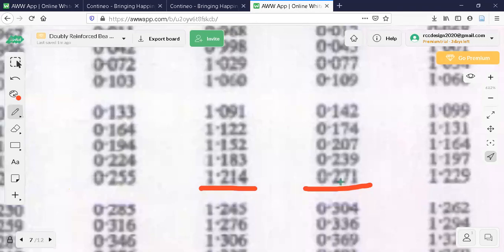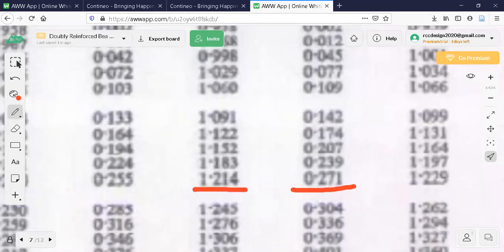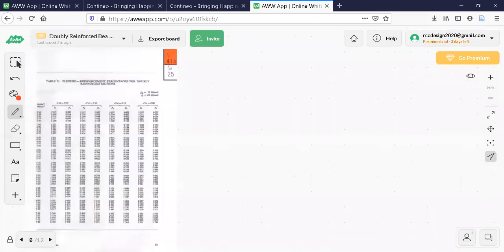Just see this. Remember these two numbers, 1.214 and 0.271. Try to write them down, because with respect to that only I'll show you now. That is PT and PC values. So let us go to this page.